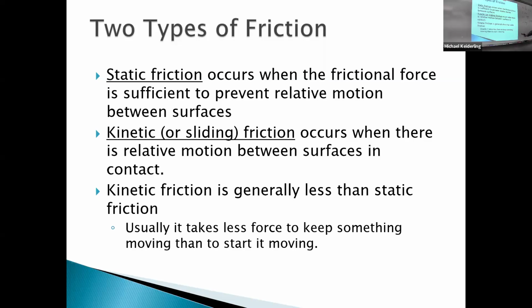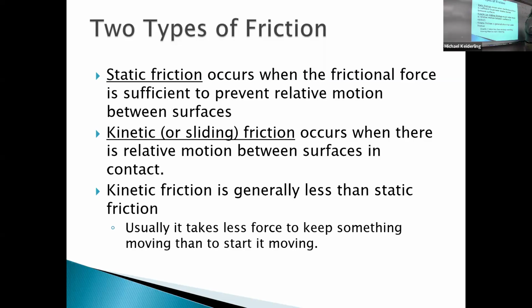But in general, the important thing to remember is that kinetic friction is generally weaker than static friction. Usually it takes less force to keep something moving than to start it moving. It's also why if your tires start slipping, you have less control, because the kinetic friction between your tires and the road is less than the static friction when they're not slipping between the tires and the road.